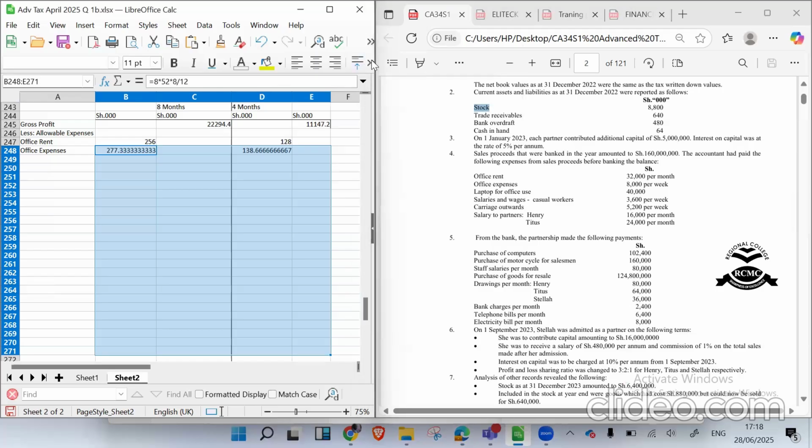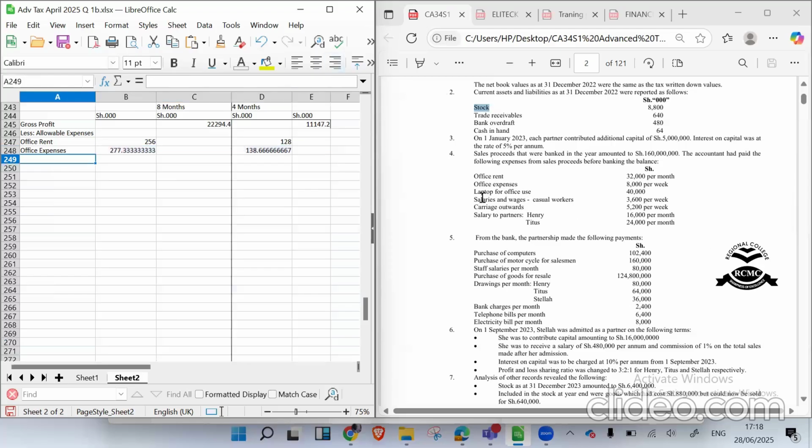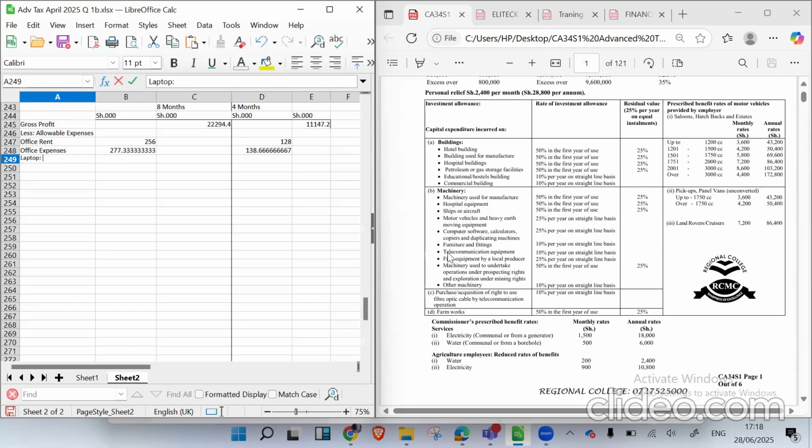Haya, hiyo tunafaa to reduce. Tutaireduce baadaye. So after the office expenses, laptop for office use. So laptop, we give it the capital allowance. Did you remember it's class the second part? Office computer software computers ziko hapa 25% on straight line basis, ndio?